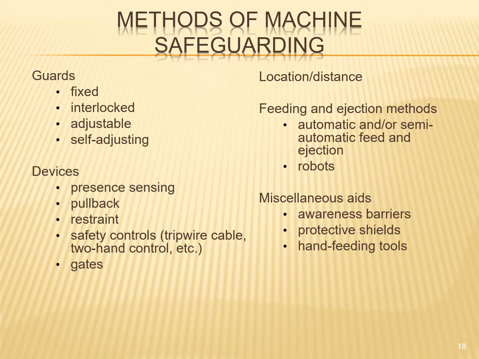There are location and distance. There are feeding and injection methods, which include automatic and/or semi-automatic feed and injection, and robots. And then there are miscellaneous aids, which include awareness barriers, protective shields, and hand feeding tools.